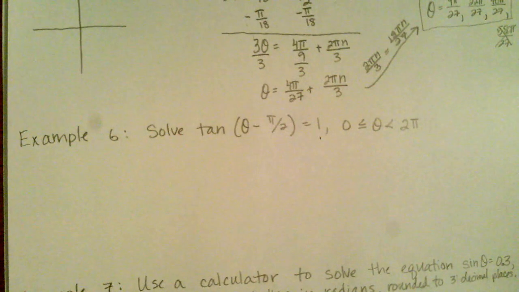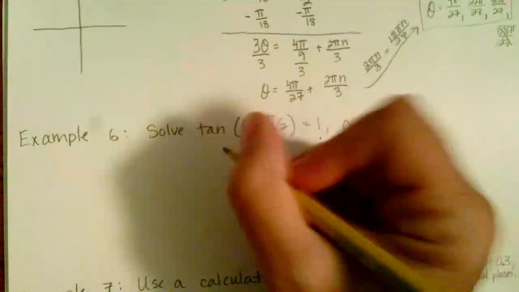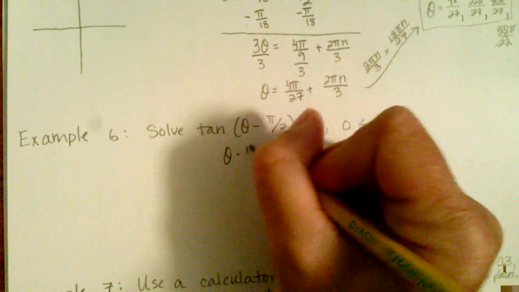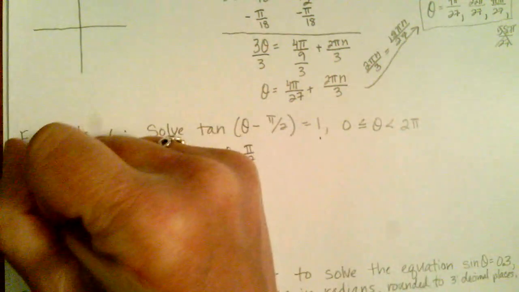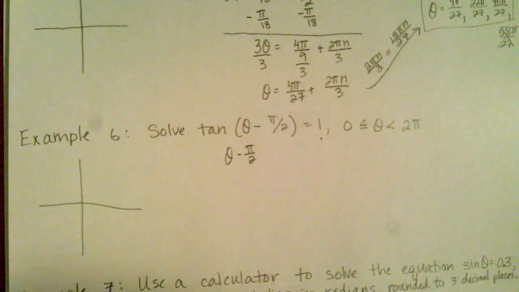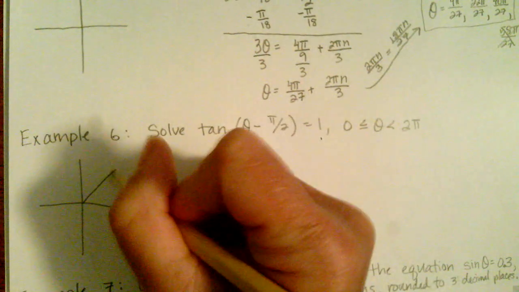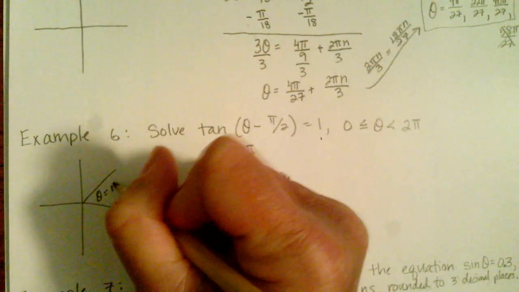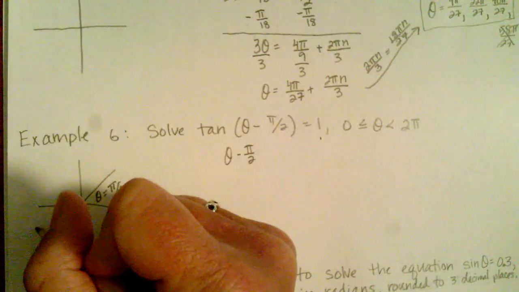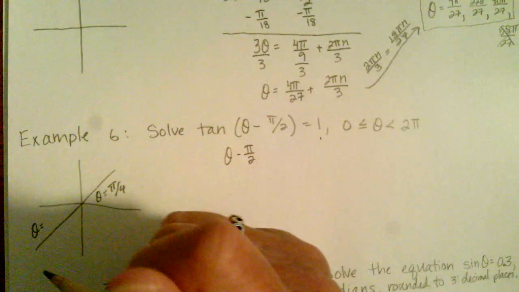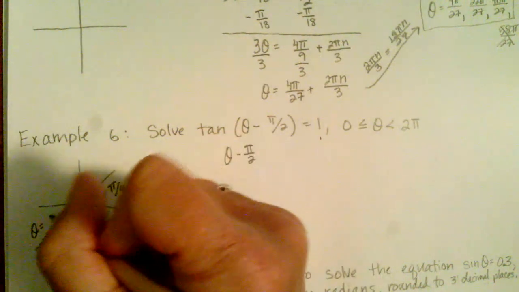Okay, example 6, almost getting there. So I need theta minus pi over 2. I need to think about where my tangent is 1. So I am thinking my tangent is 1 when theta equals pi over 4, or when theta equals 5 pi over 4.